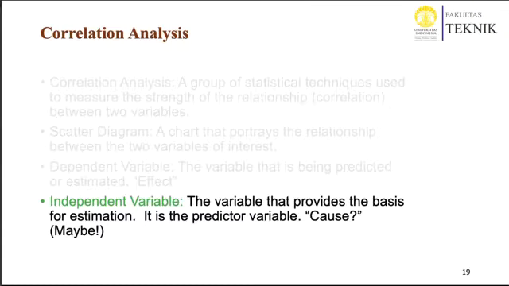So if we have a 0.7 correlation coefficient, that does not mean 70% variation from the dependent variable.